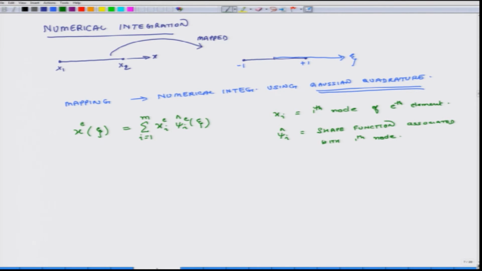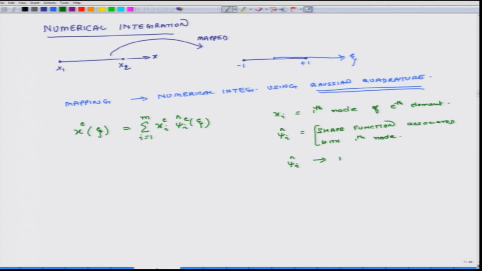Okay, and please note that psi I hat, the shape function associated with ith node, helps us map from x domain to zeta domain.